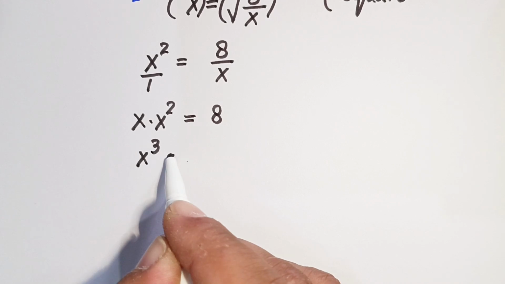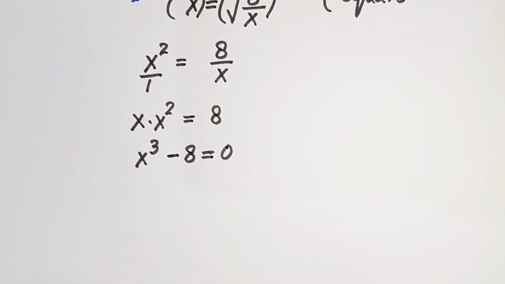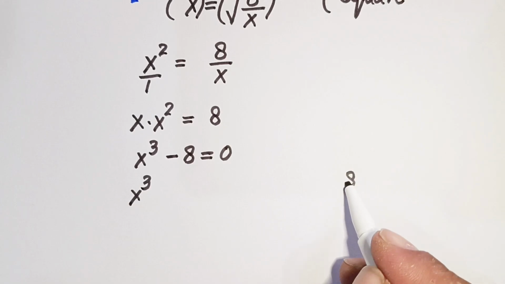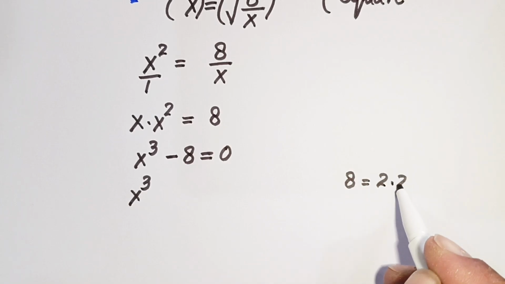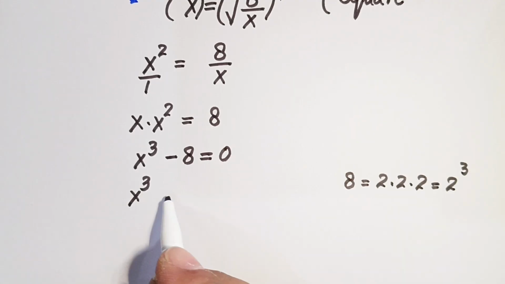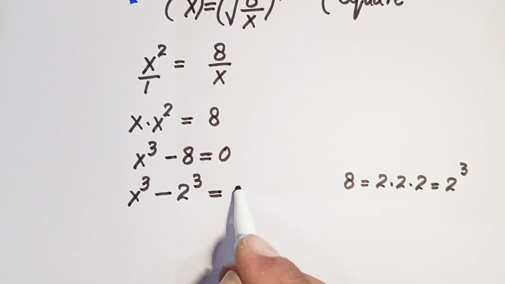x cubed is equal to 8, and shifting this we get x cubed minus 8 is equal to 0. Now we know that 8 is the cube of 2, so 2 times 2 times 2 is equal to 2 cubed, hence x cubed minus 2 cubed is equal to 0.